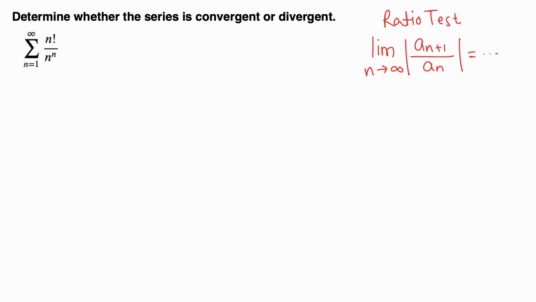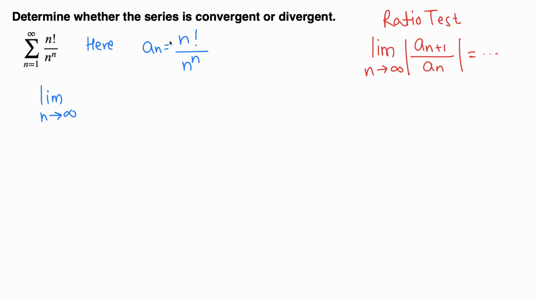Let me write that. a_n means n factorial over n raised to n. Now, using the ratio test, the limit as n goes to infinity. The absolute value is not necessary for this question because everything is positive, since n goes from 1 through infinity. So I don't have to write the absolute sign.